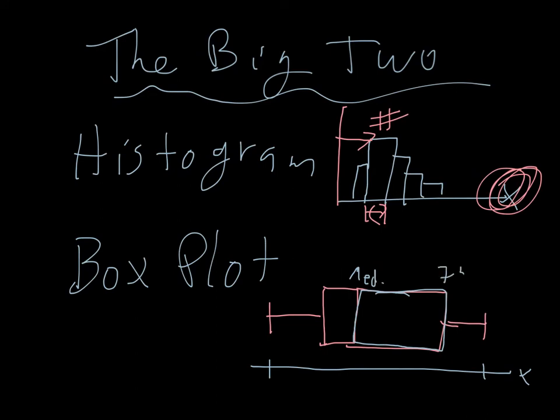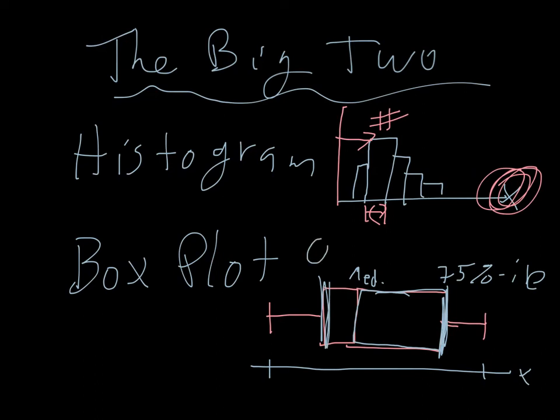This is the 75th percentile, right here at the end of the box, which means 75% of the data is at or below. So from here to here, if we look at all the data points that are on this line of the actual data set, 75% of them are below this value, which makes this the 25th percentile.